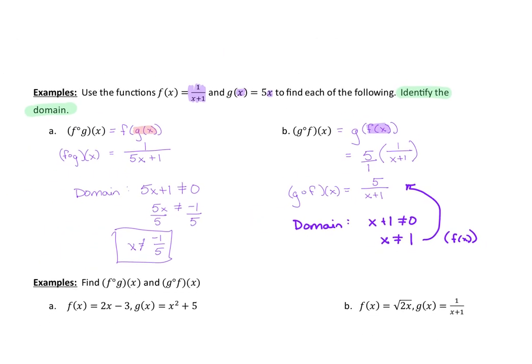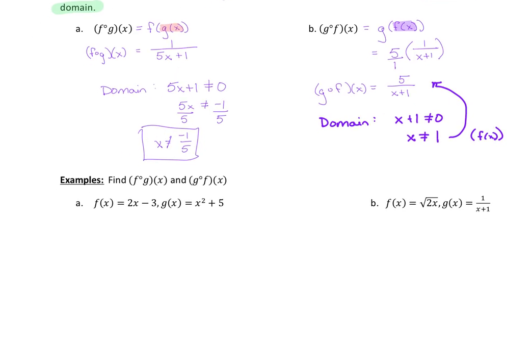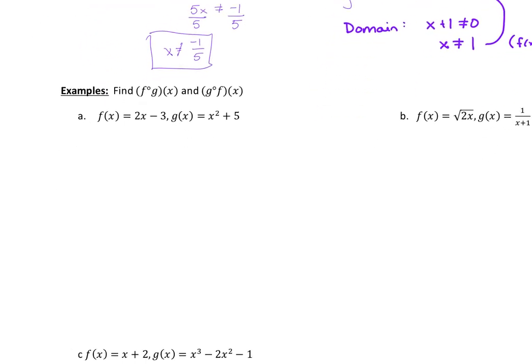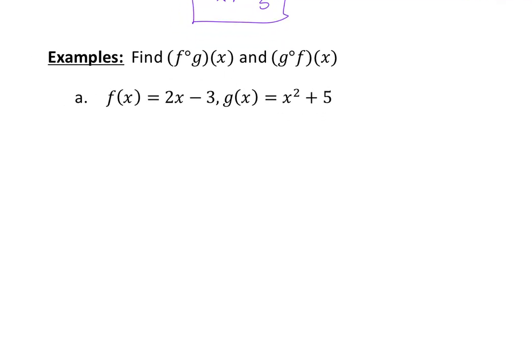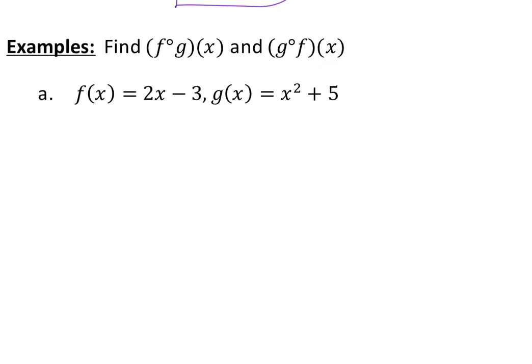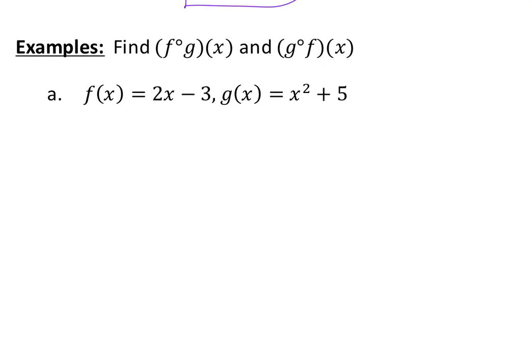All right, let's try a couple other ones. If we come down to our next examples, we do want to find f of g of x and g of f of x. All right, for example A, we're going to start with f of g of x. This is equal to, if we get rid of the circle, this becomes f of g of x.